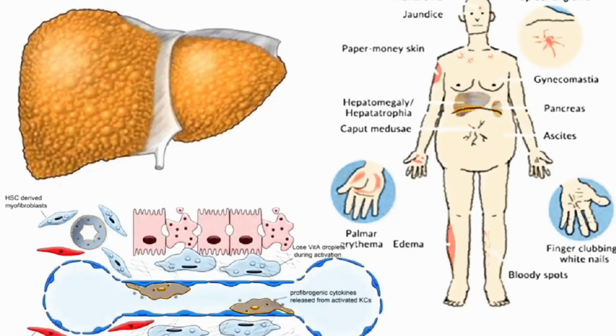So in summary, cirrhosis is the fibrotic changes with the distortion of the architecture of the liver, and the transformed myofibroblast is the major cause, and the stigmata we have already discussed.